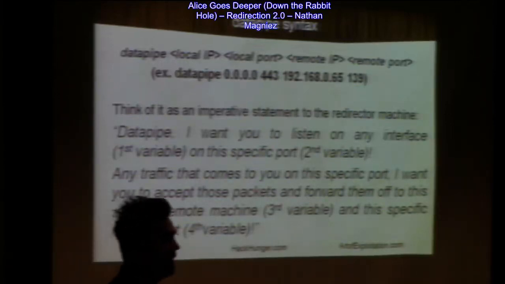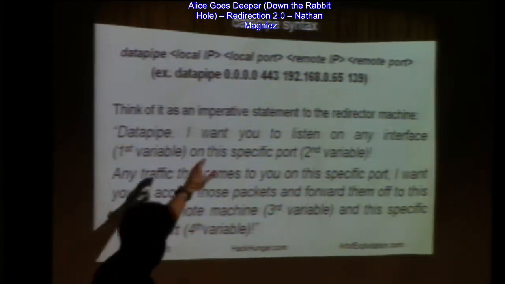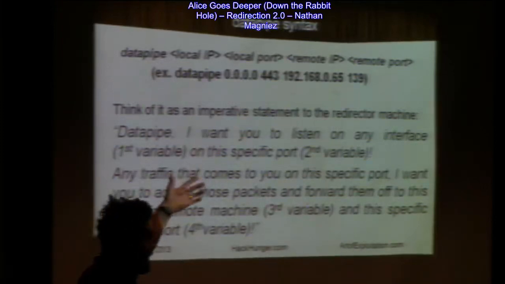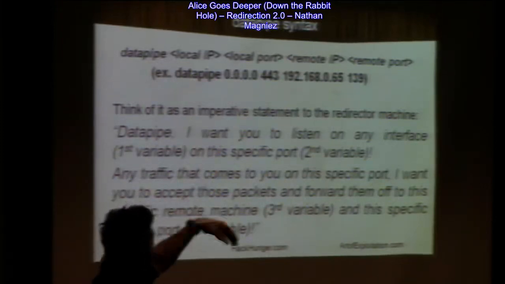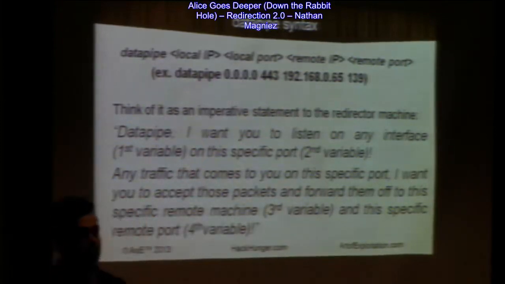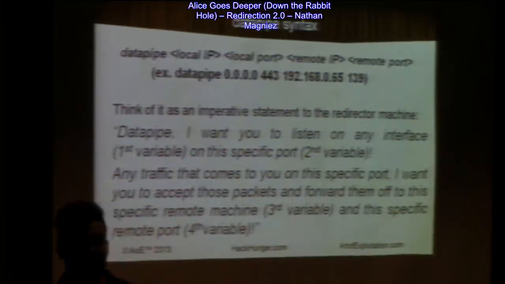Some website that you don't want them to know that you're surfing to. So here we have DataPipe, local interface 0.0.0.0, so any interface that you have, listen on 443, and then redirect it off to 192.168.0.65 on port 139. So again, another situation like a NetBIOS port where we need to get around a firewall.